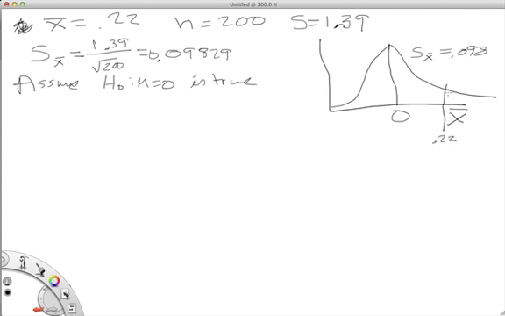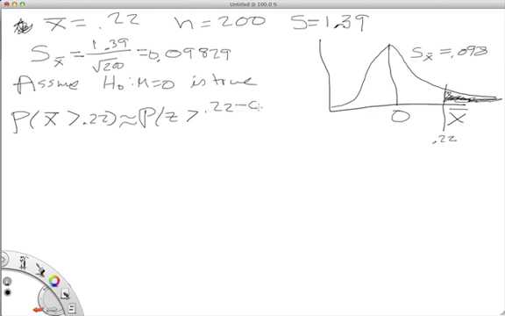So if we want to test this hypothesis, it amounts to evaluating the area in this tail. So let's find the area in that tail. Here's how we do that. What is the chance of being in that tail? Well, it's the chance of observing an X bar value greater than 0.22. We know from the central limit theorem that this is approximately the same as having a z value greater than 0.22 minus the mean.